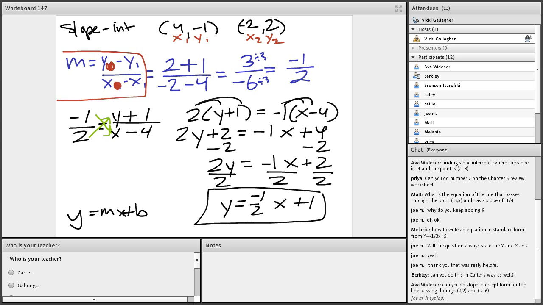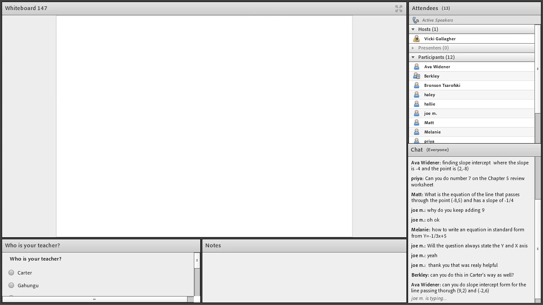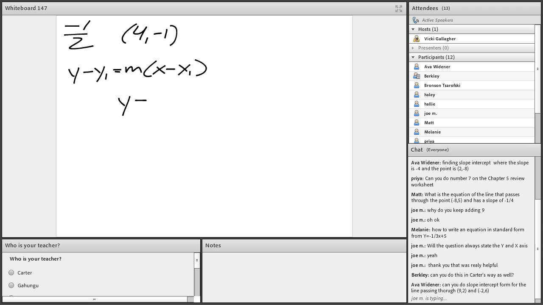Okay, so we can still use the same slope, negative 1/2. And we can use the same ordered pair, which was 4, negative 1. So if you're going to do it the way that the other teachers do, you start in point slope form, which is this. So I'm going to do y minus negative 1 equals negative 1/2 times x minus 4.